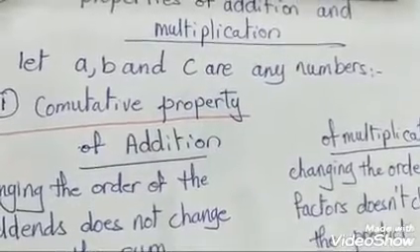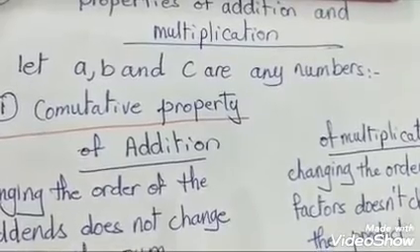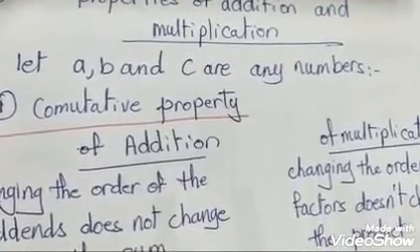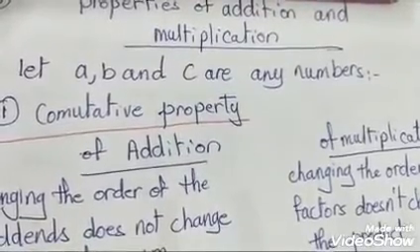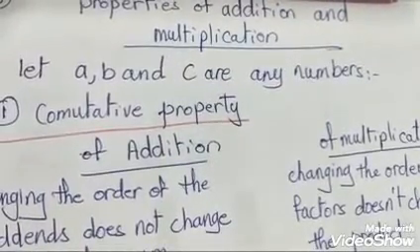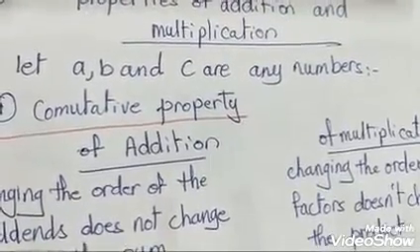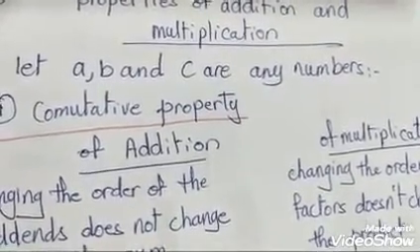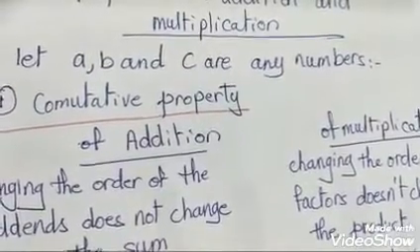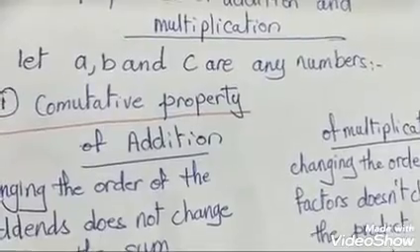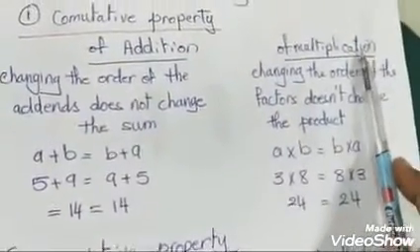After we dealt with addition and subtraction and learned how to use the inverse operation to find the missing numbers, now we'll have some knowledge about the properties of addition and multiplication. If A, B, and C are any numbers, the first property is the commutative property of addition, and multiplication has the same property.